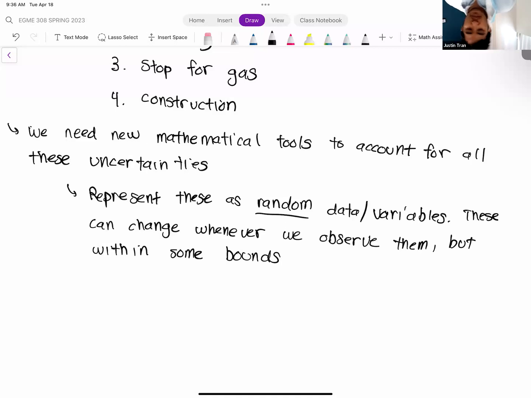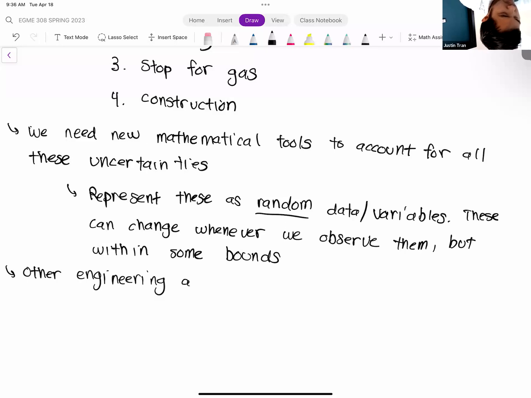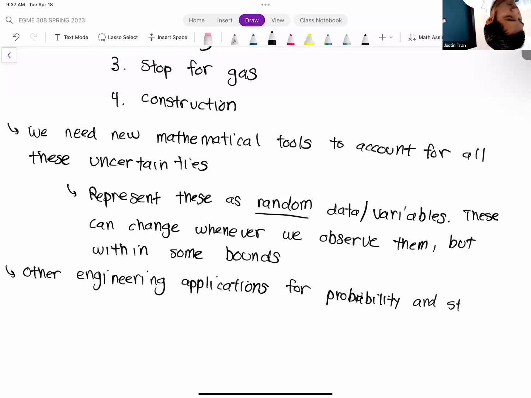Okay. All right, so let's talk about some other important applications in engineering regarding probability and statistics. But where are you going to see this the most?